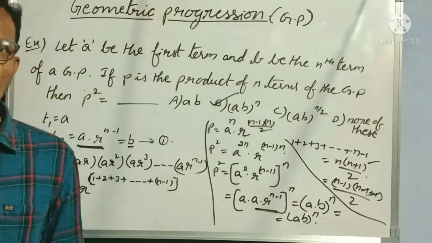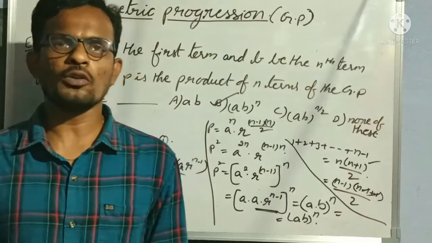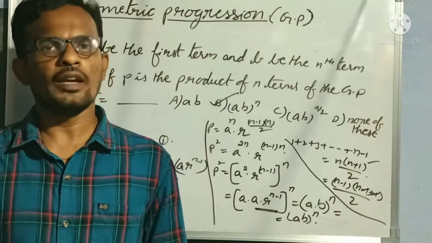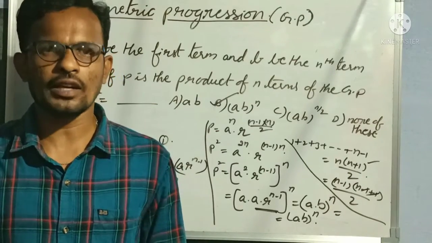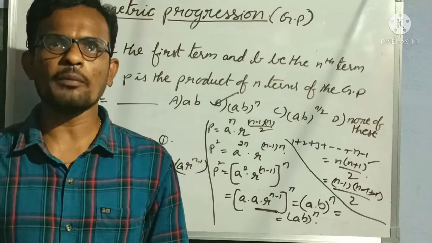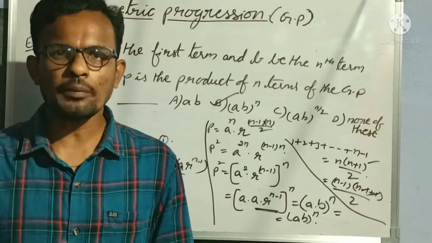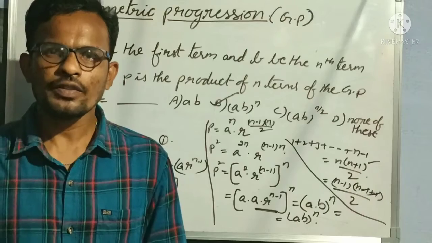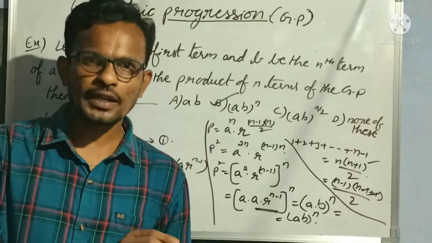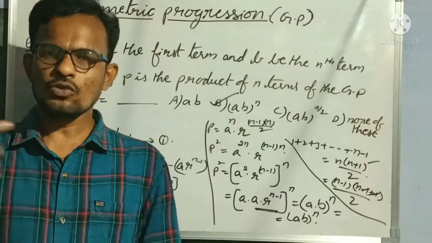So this is the basic explanation about geometric progression, how to find the general term of a geometric progression, and we'll discuss more about geometric progression in our next video. I hope everyone understood whatever I have explained today. The basic concept: we can call a sequence of numbers a geometric progression when their common ratio is same, meaning T2 divided by T1 is also equal to T3 divided by T2 and so on.